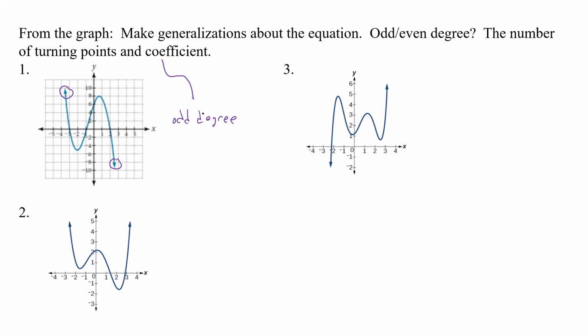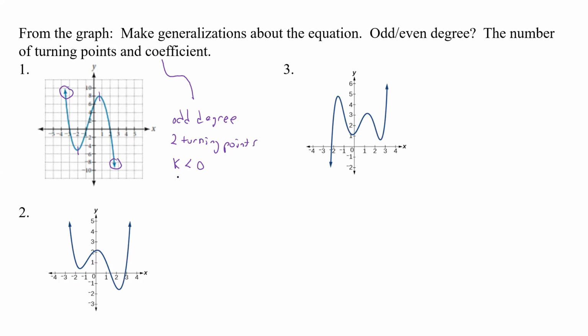Now, what else do we know? The number of turning points. Well, we have 1, 2. So we have 2 turning points. And what is the coefficient? Well, the coefficient, k, is going to be less than 0 because it looks like this, okay? So that's kind of what we have. Now, what else do we know?